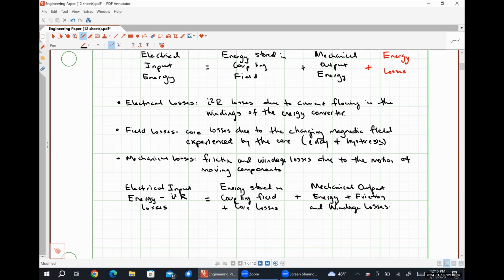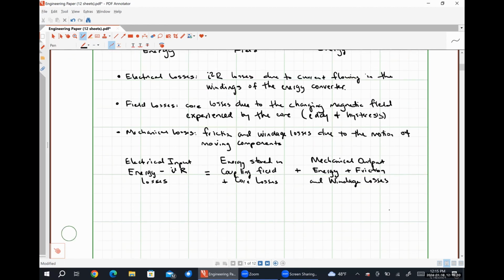So over a very, very short time interval, dt, we can express this as the following relationship. We have a differential electrical energy, dWe, will be equal to dWF plus some differential mechanical energy, dWm.